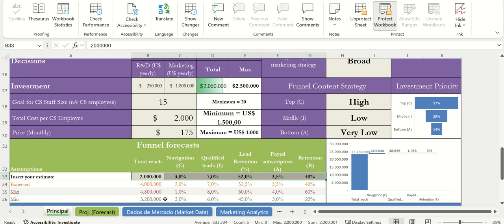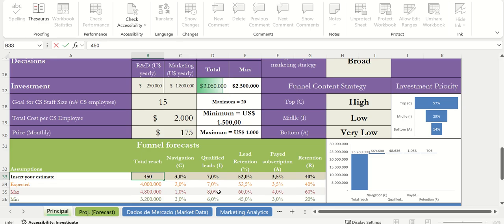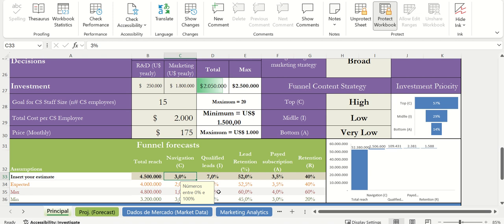Anyway, one of the main tasks is to learn to read the KPIs and then adjust, based on your strategy, what you believe will be your funnel for the next year. So let's assume that with this strategy the minimum is 3.2 million and the maximum is 4.8. Since I'm investing a lot of money in marketing, let's say that I believe I'm going to reach this amount of people, 4.5 million people per month, okay?